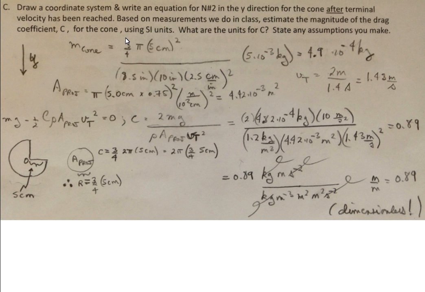The mass of the cone is 3/4 pi r squared, but r is 5 centimeters. And so the mass of the cone is going to be the ratio of the area of the cone, that's this, to the area of the sheet of paper.